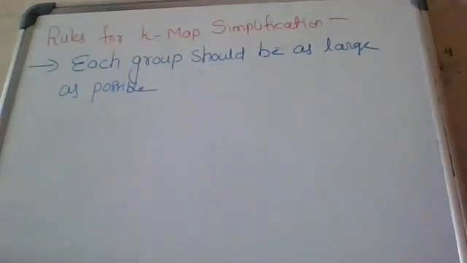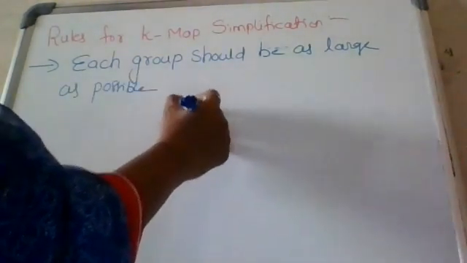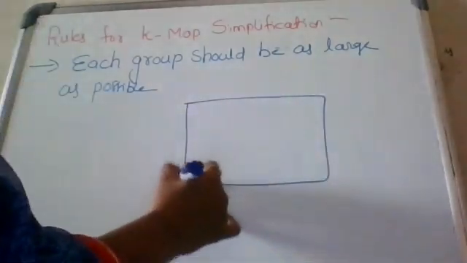That means if an octant group is possible, no need for quarter and double. If a quarter group is possible, no need for double. If double is possible, no need for a single group. This is: each group should be as large as possible. That means if an octant group is possible, then don't take a quarter.